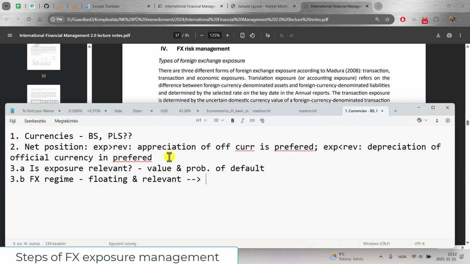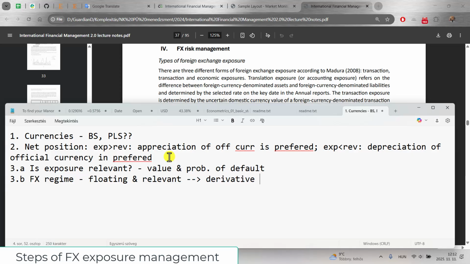Then we have to say that, okay, if the currency is floating and the exposure is relevant, then we have to cover it somehow. So we need some kind of hedging, some kind of a derivative.